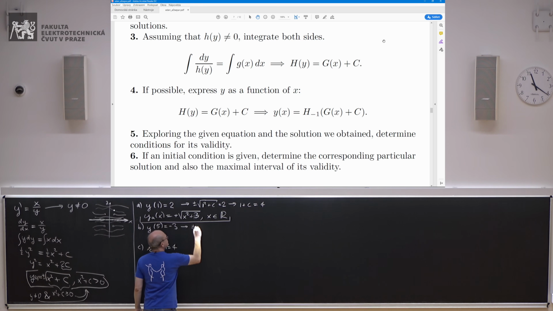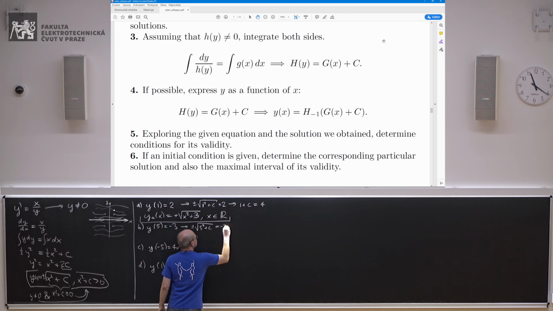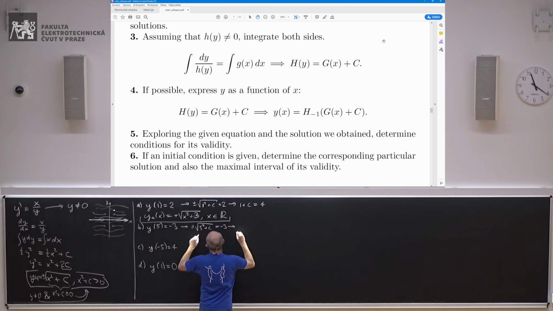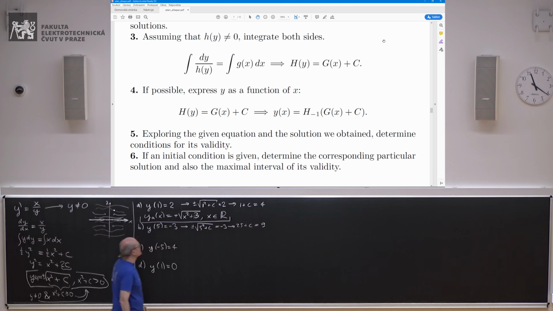Okay, plus or minus square root. Time is 5. 5 squared plus c should be negative 3. Okay, again I square, and I get 25 plus c should be 9. So it seems to me that c is, I subtract, negative 16.